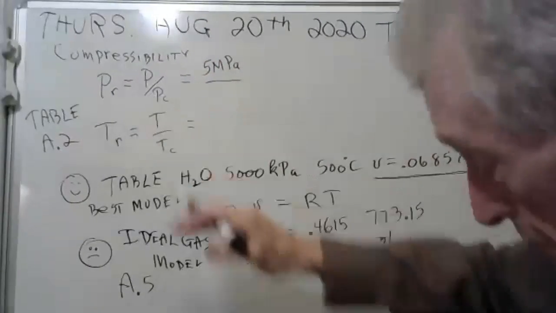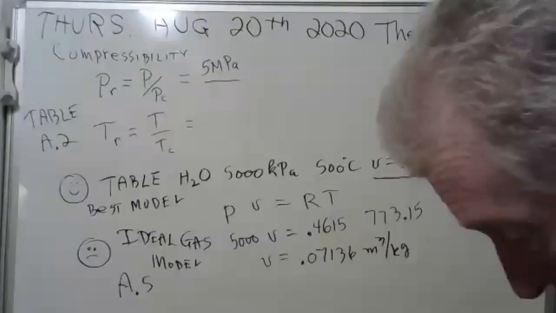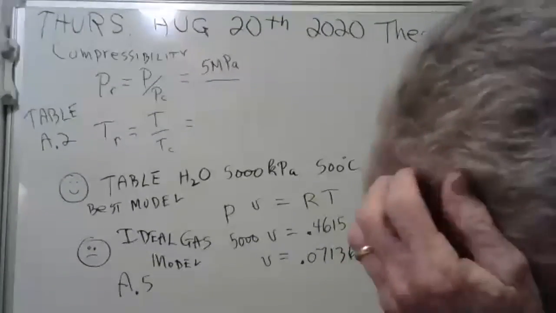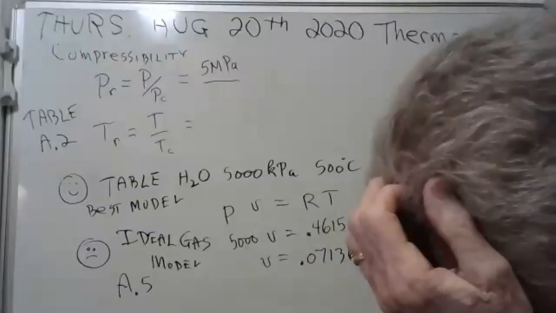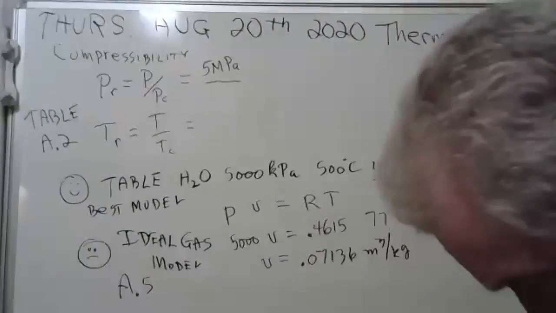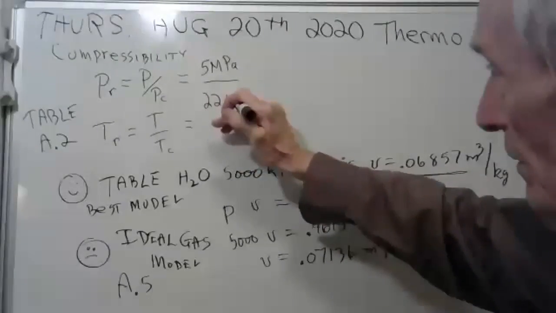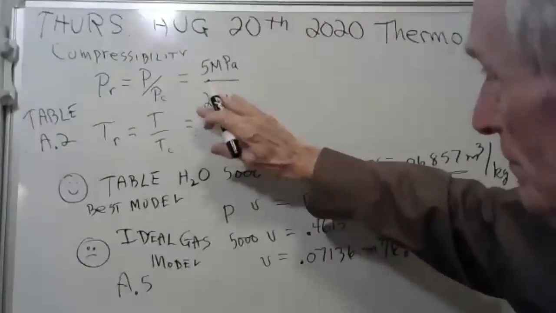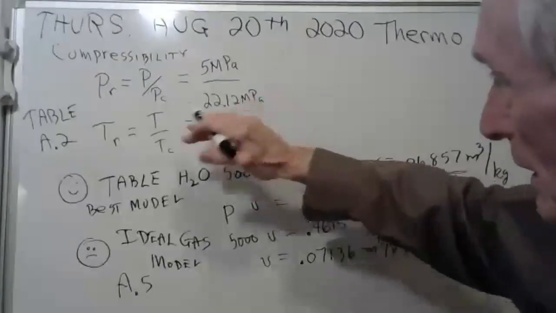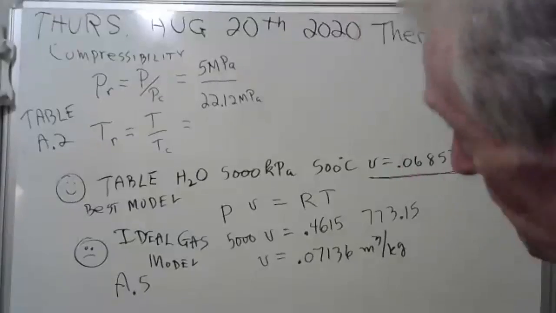And the critical pressure for steam is, let me see if I can find it here. There it is. It's 22.12 megapascals. I know I haven't explained critical pressure, but I will.